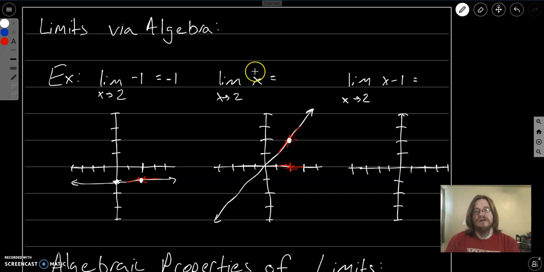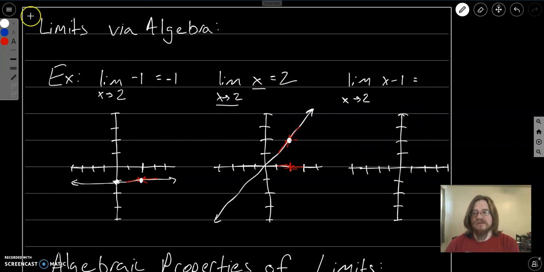So the nice thing about this function, the limit of x is always going to be what it is you're approaching. If we're getting closer and closer to 2, x is getting closer to 2. If x gets close to 2, x gets close to 2.